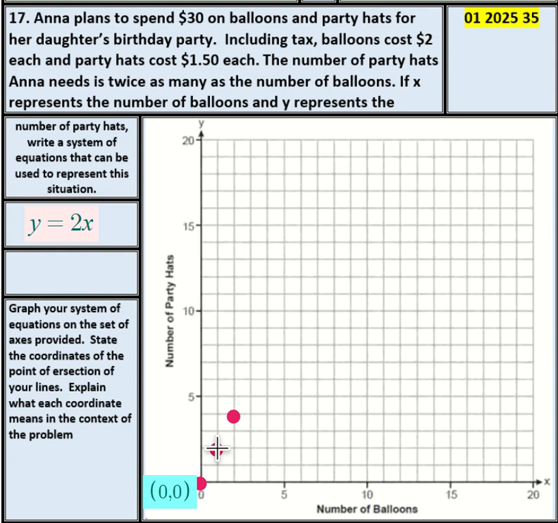So the next point is (1, 2). The next point is (2, 4). The next point is (3, 6). Then (4, 8). Then (5, 10). (6, 12). (7, 14). (8, 16). (9, 18). (10, 20).